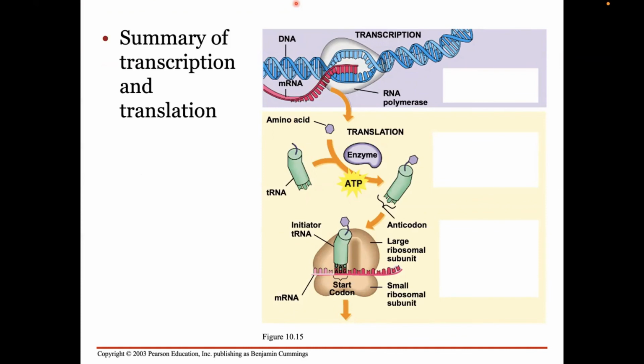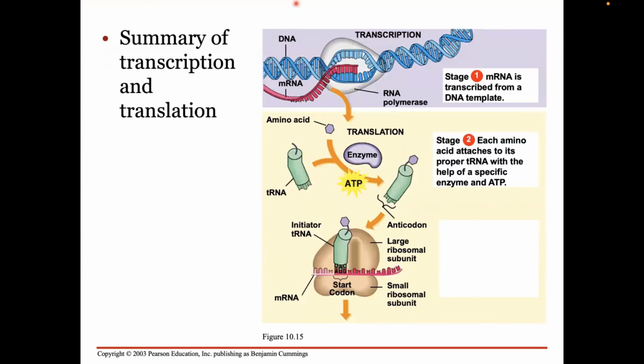And then here is the summary of the transcription and translation. It basically starts as stage 1. mRNA is transcribed from a DNA template. Okay. And then stage number 2 is each amino acid attaches to its proper tRNA with the help of a specific enzyme and ATP. Kailangan po natin ng energy sa ating attachment of the proper tRNA.